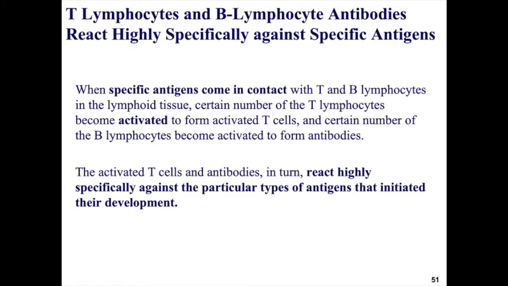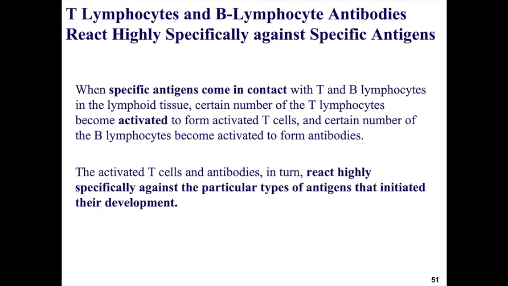So the T lymphocytes and the B lymphocytes react to specific antigens. Again, it's not that we can create cells specific for a certain antigen. It's more that out of our genetic variability, we have a certain number of lymphocytes that will respond best to a certain antigen.